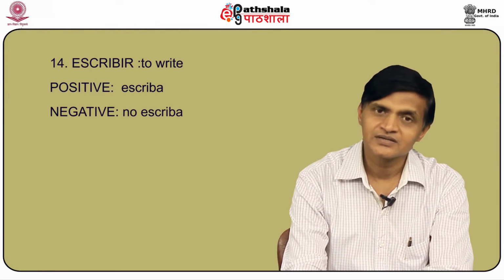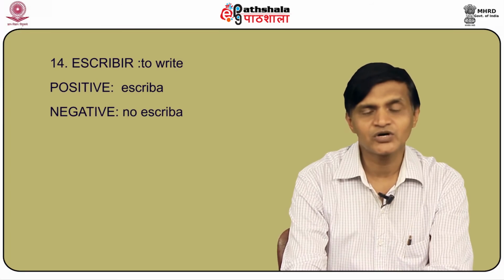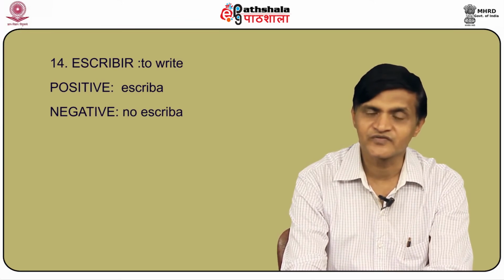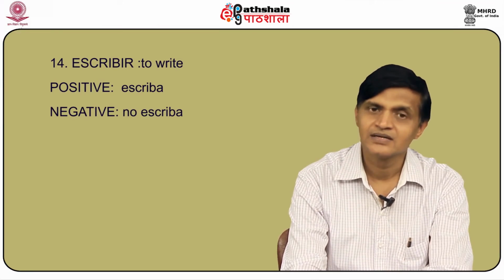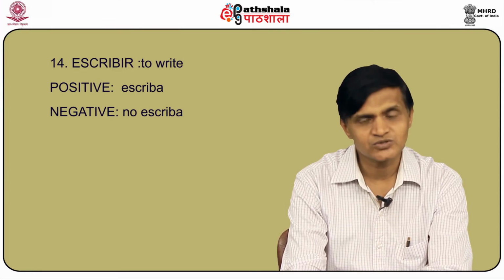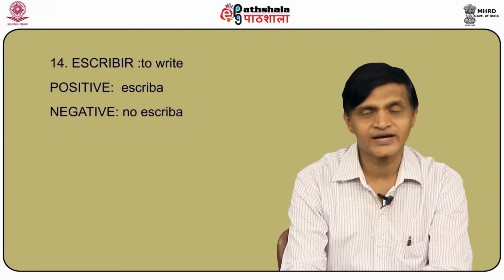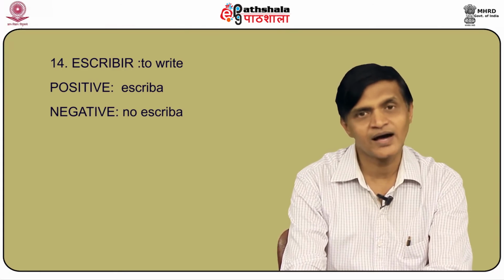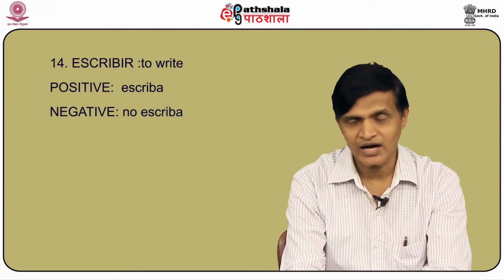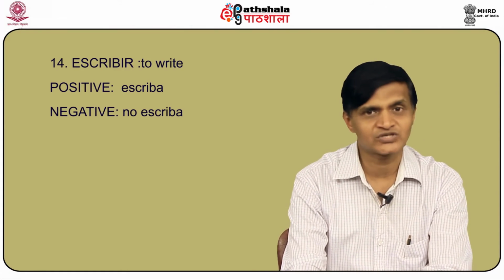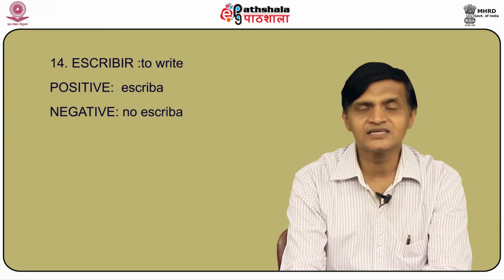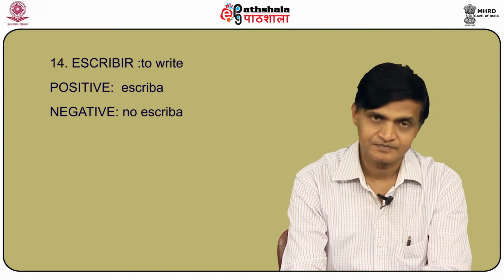For escribir, to write, the positive command in the usted form would be escriba. The negative command in the usted form would be no escriba. I repeat, escoger, positive, escoja, negative, no escoja; escribir, positive, escriba, negative, no escriba.